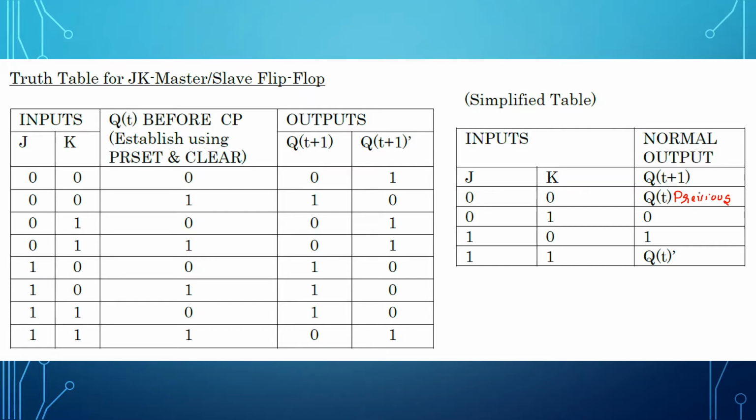This previous state can be either 1 or 0, whatever was previously stored in the flip-flop by the person who used it. When you make J and K 0 and 1, and give a clock input, your output will be 0.